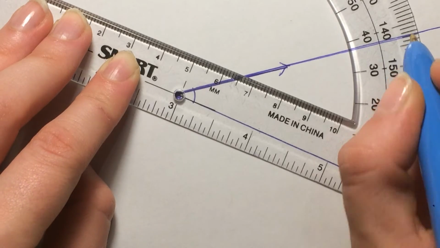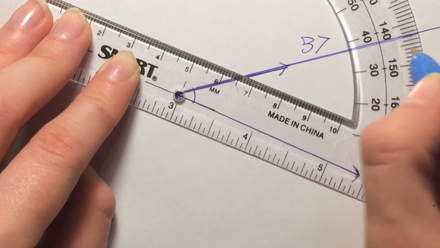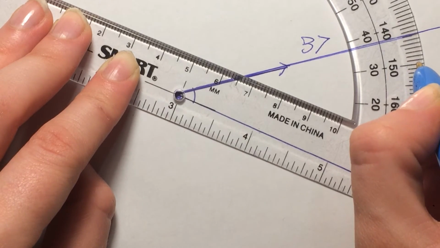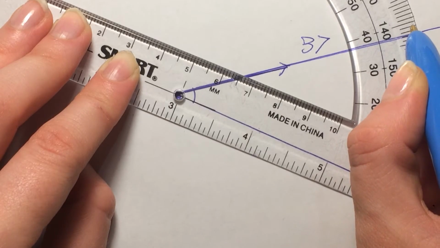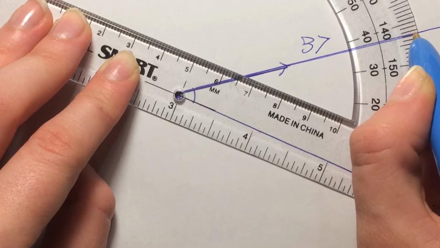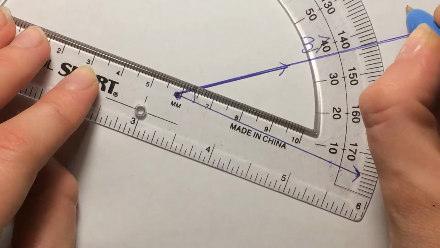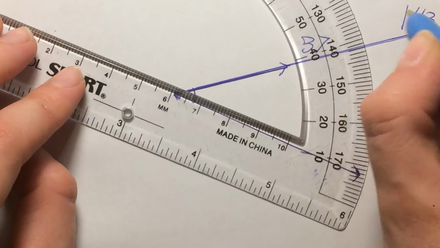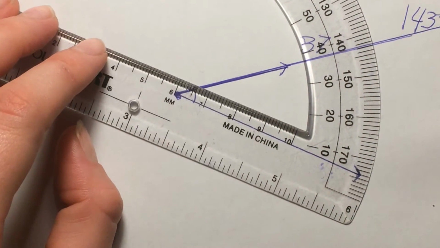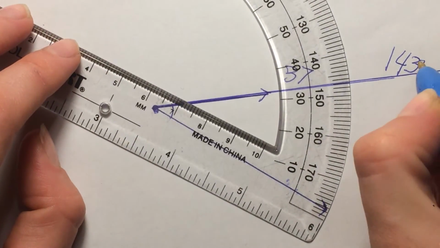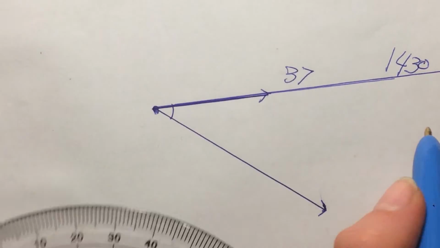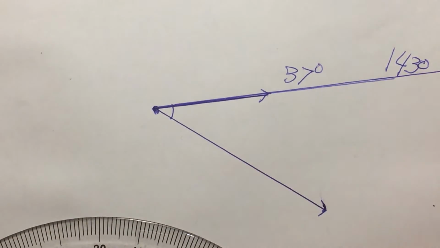Now, it could be 37, or on this side it would be 150. Ooh, it would be going this way, 140. 141, 142, 143. So how do I know if it's 143 degrees or if it's 37 degrees?